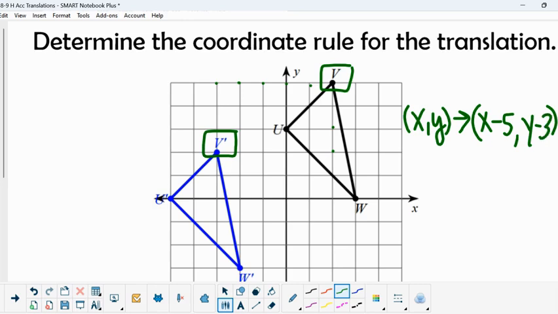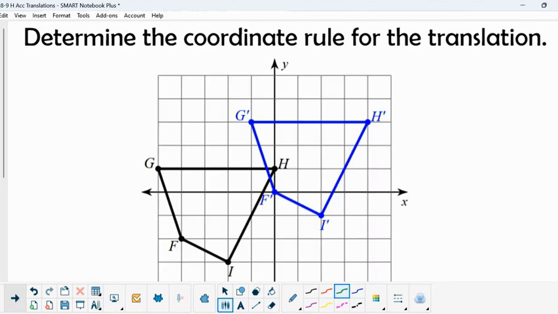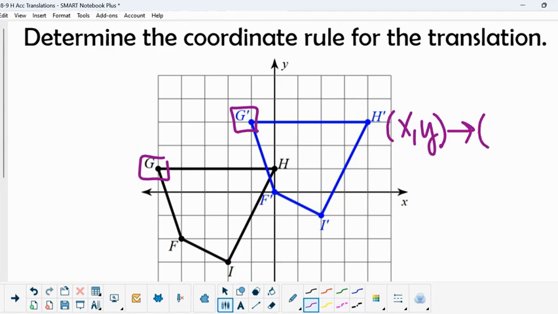Okay, nothing too tricky. Okay, this one, original, is it black or blue? The black one. Again, pick any point. Let's just maybe go from G to G prime. You start your coordinate rule every time by saying every x, y will go to. You've got to have that part of it. It's a big part of the rule. So if I'm going from G to G prime, am I going right or left?